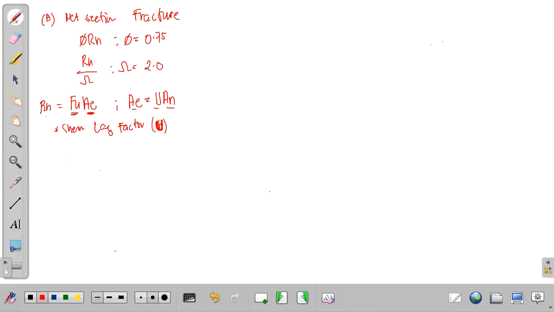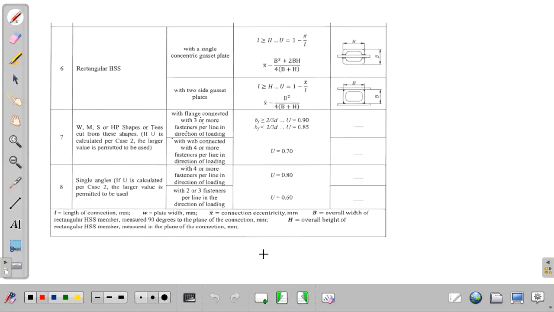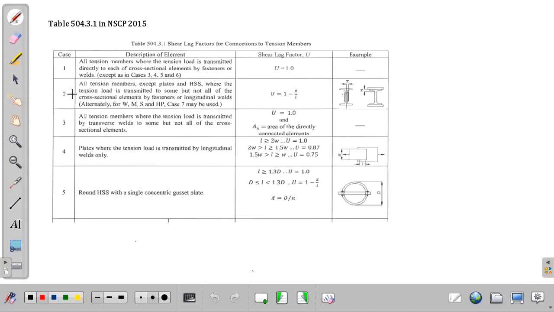Remember, in our introduction of the tension members, I presented you different cases to solve for the shear lag factor, right? So for W, we have two cases, case 2 and case 7. Still remember. So let's go back to this. Case 2. This is the equation to solve for the U. Okay?